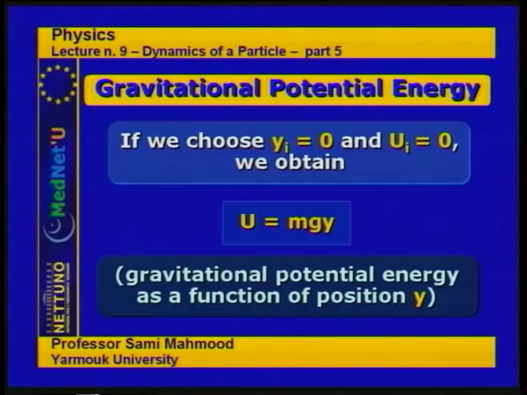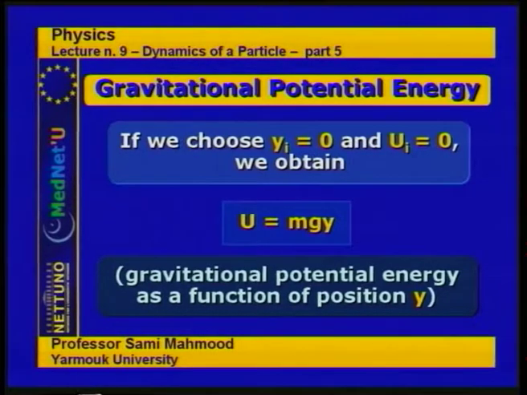Delta y is y final, which is y minus y initial. And also we have decided to take y initial as 0. And thus we arrive at a definition of the potential energy of the system, which depends on the altitude of the object relative to its initial position.